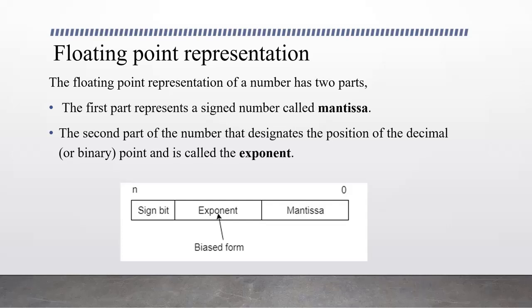Instead, they reserve some number of bits for the number called mantissa and some bits for exponent. And the nth bit here is designated as the sign bit that denotes the sign of the number, whether it's positive or negative.